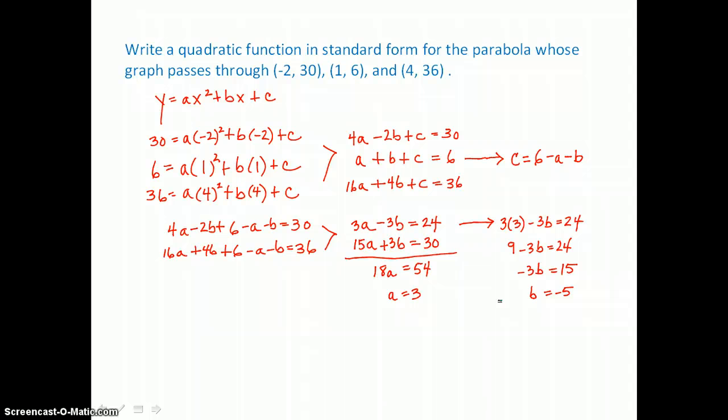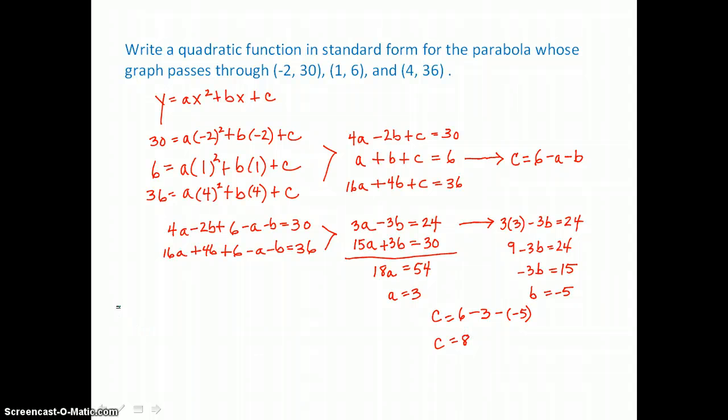So now I know a and b, so I can go back to where I started, where I solved for c, and I can find my c value. So c is equal to 6 minus a, which is 3, minus b, which is negative 5. So solving for c, I've got 6 minus 3, that's 3, and 3 plus 5 is 8.